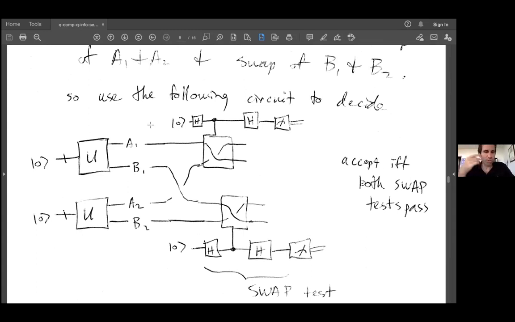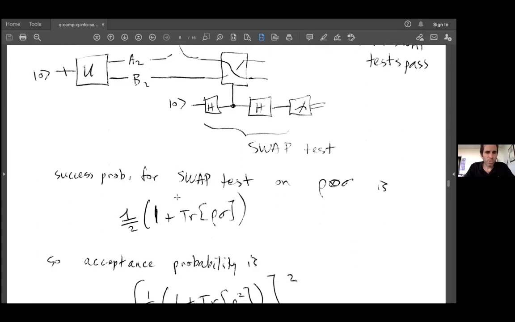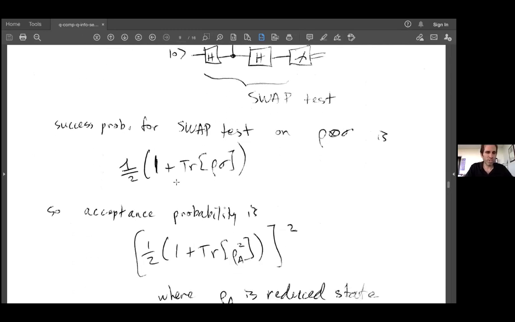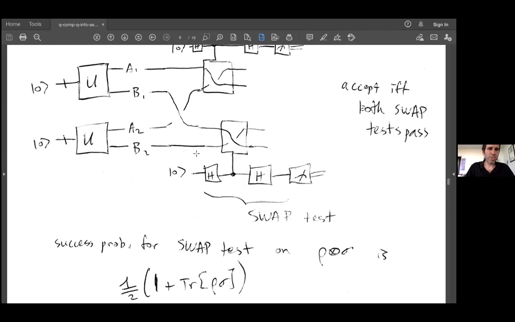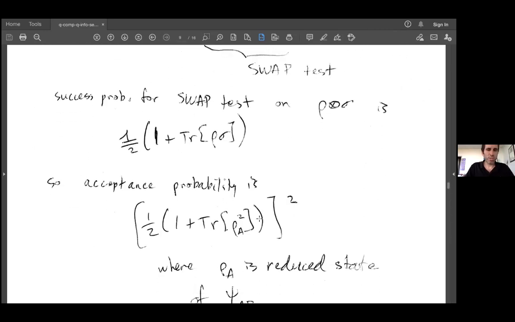So if the state's general, not necessarily product, then one thing that's well known is that if you trace over B1, there's a density operator here. That density operator has the same eigenvalues as this density operator, okay? So you can use this fact, the probability of success for a swap test, and what I just stated to conclude the acceptance probability of this quantum algorithm is equal to this expression, right?